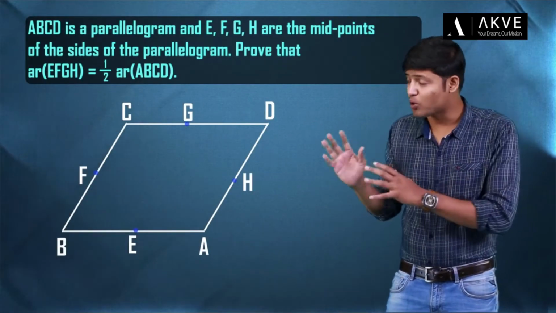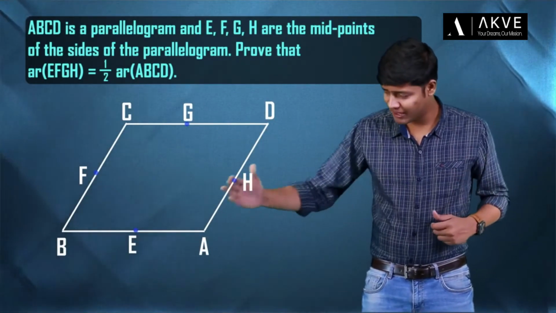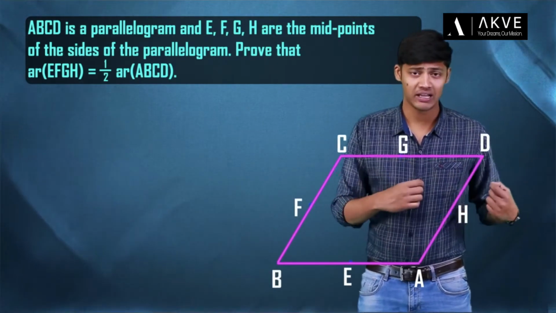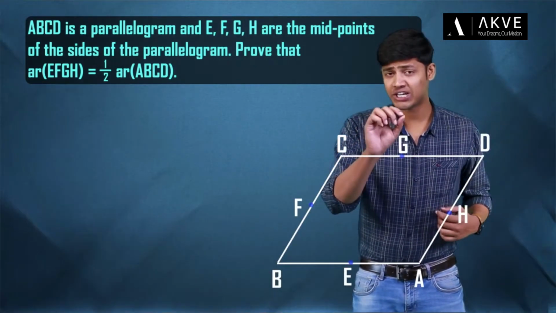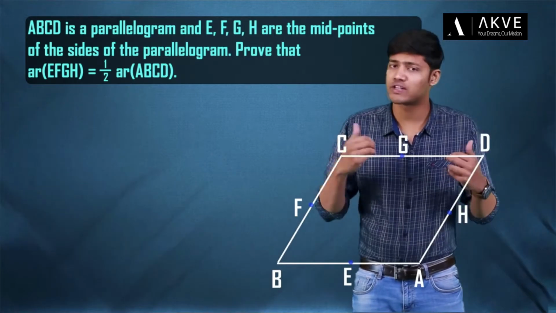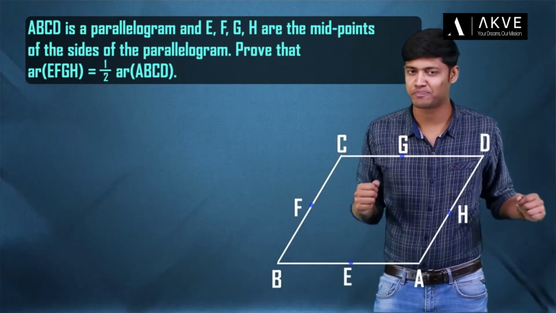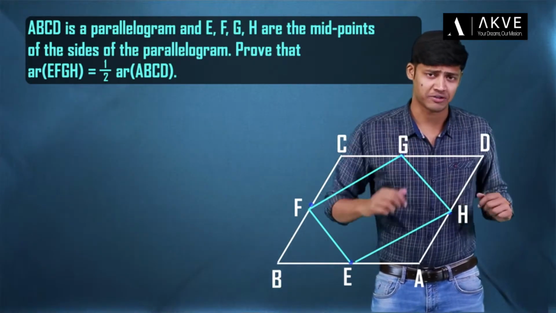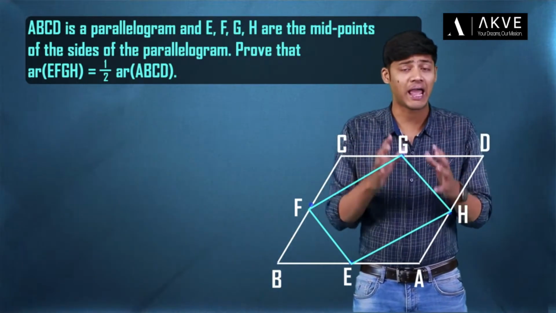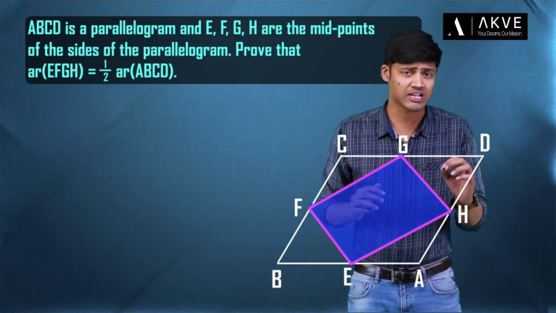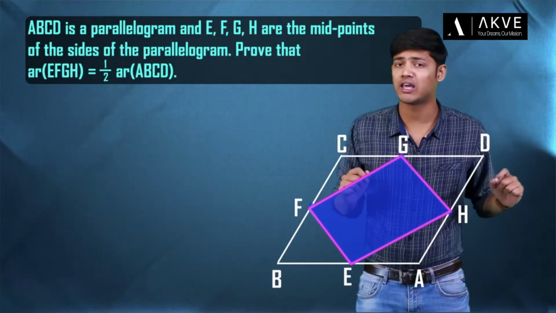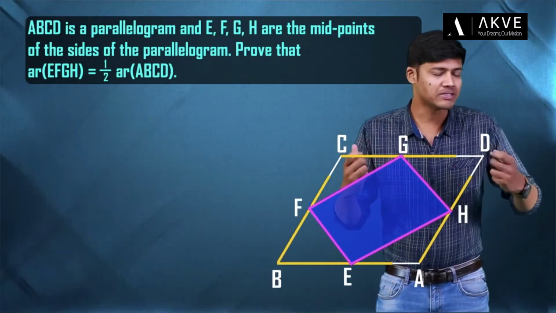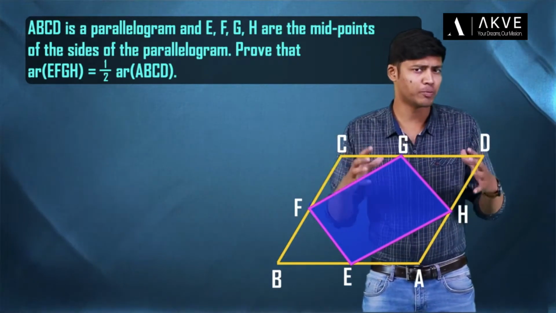So in this problem, we have a parallelogram ABCD, and E, F, G, H are the midpoints of the sides of the parallelogram respectively. So let's join E, F, G, H. Now we have to prove that the area of EFGH is half of the area of the parallelogram ABCD. So how will we prove it?